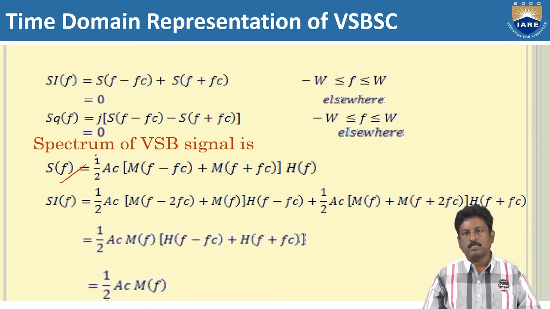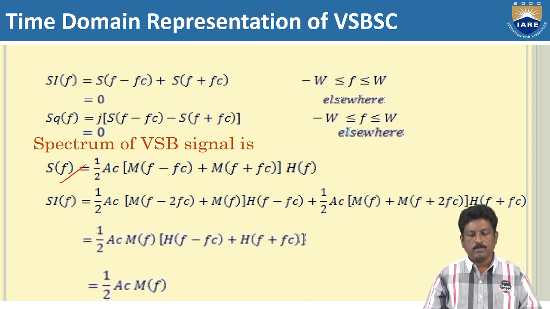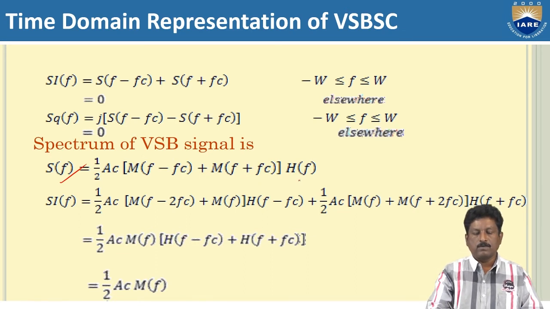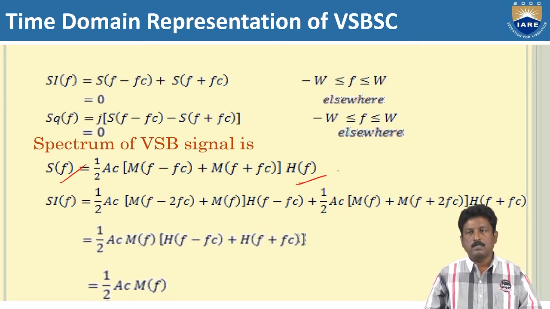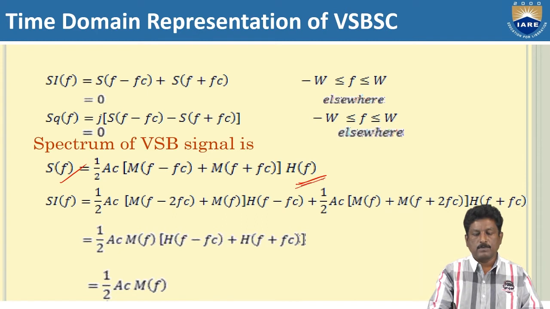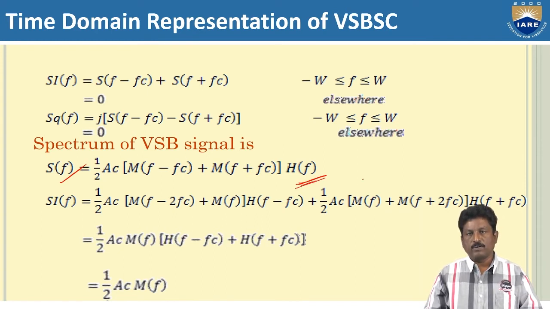After the application of the Fourier transform, you get the equation 1 by 2 Ac [M of f minus fc plus M of f plus fc] H of f. H of f is the transfer function of the smoothing filter. By the combination of the modulated wave, one complete sideband along with a part of the other sideband, you can smoothen with the help of this transfer function of the filter.